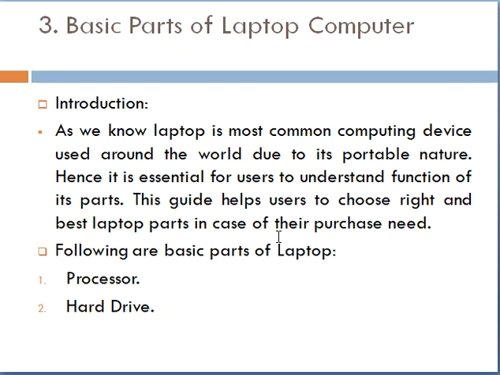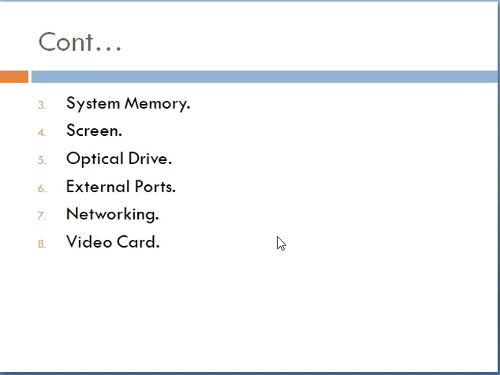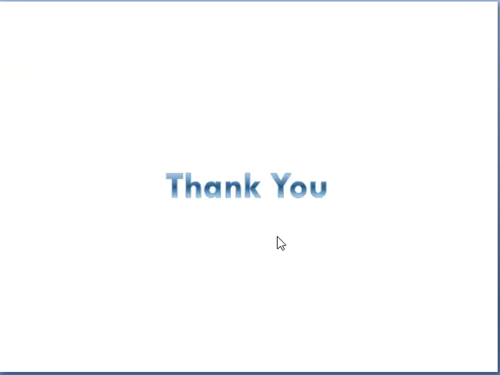First is the processor, as in our desktop PC, then the hard drive, hard disk, system memory, screen, optical drives, and external ports such as USB ports. These are the same in our desktop as in our laptop. Also external ports, networking card, and video cards. These are some basic parts of our laptop configuration. Thank you.